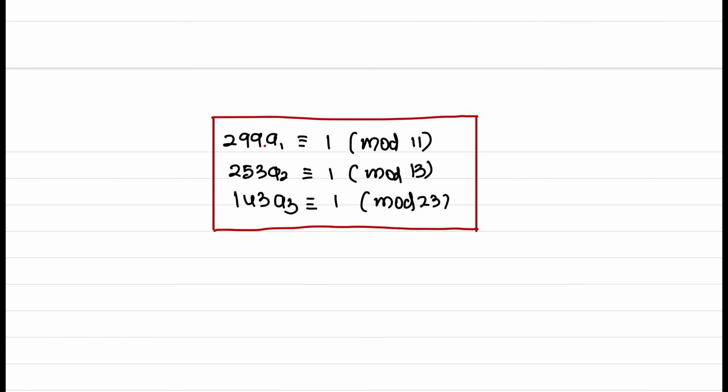Here 299 into A1, 253 into A2, 143 into A3. Now first we will take up 299 into A1 equivalent to 1 mod 11.